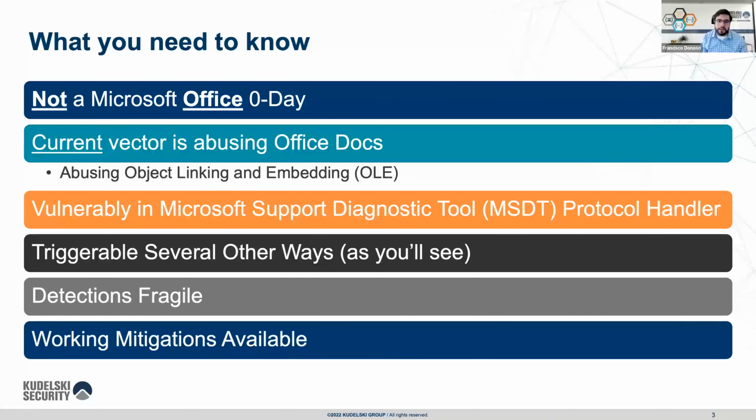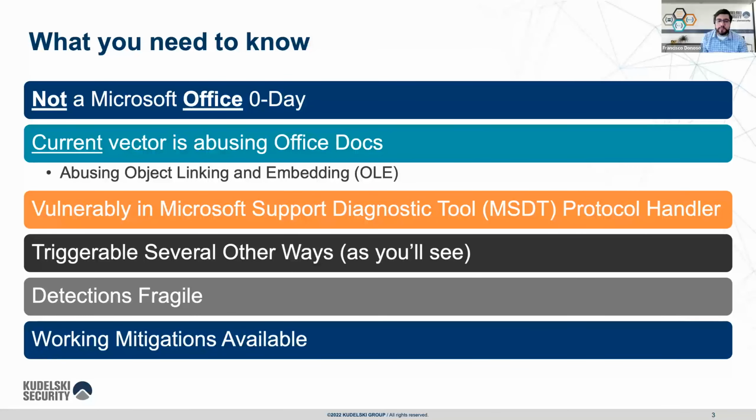Unfortunately, some of the detection capability right now is a bit fragile, particularly if you're relying on looking for just Word documents, or if you're looking for particular ways that this vulnerability is being triggered. And I'll talk about some things that we can do there in just a second. And the good news is that there are some really good working mitigations that are available for us that we can deploy at scale in order to prevent this from being abused.